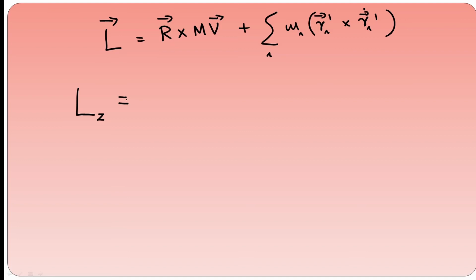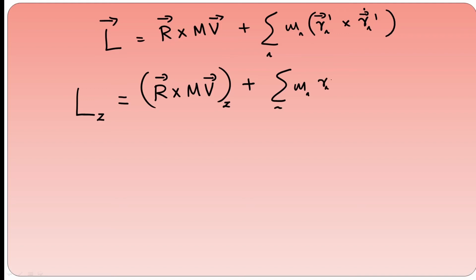Say if you take Lz, angular momentum along the z direction, you can write Lz equal to R cross MV in the z direction plus summation over Mi Ri prime cross Ri prime dot. This way we can write. We have to take the z component.